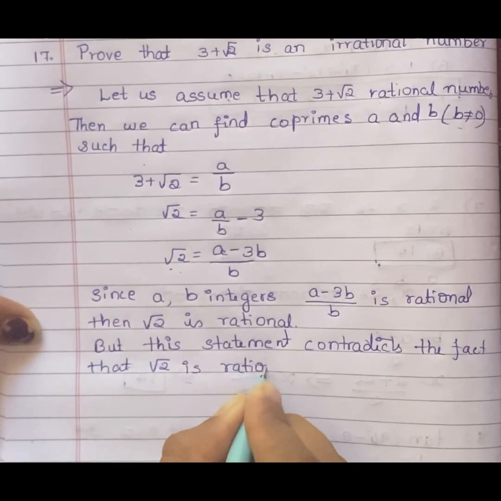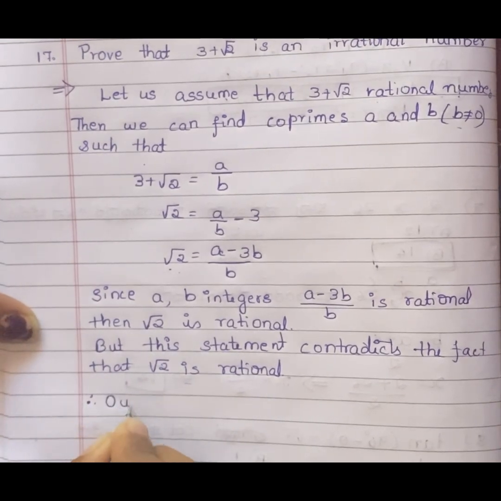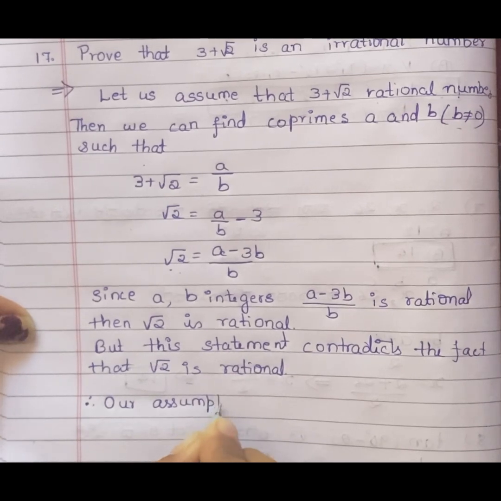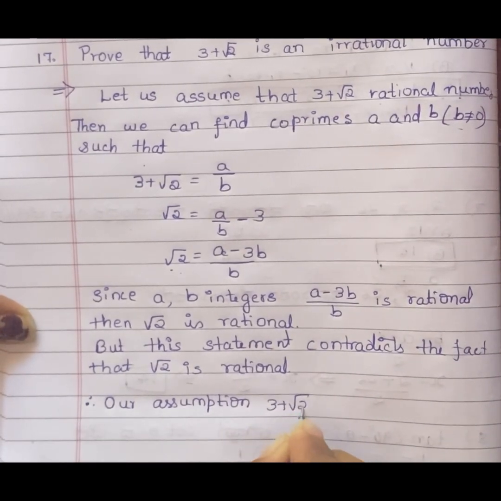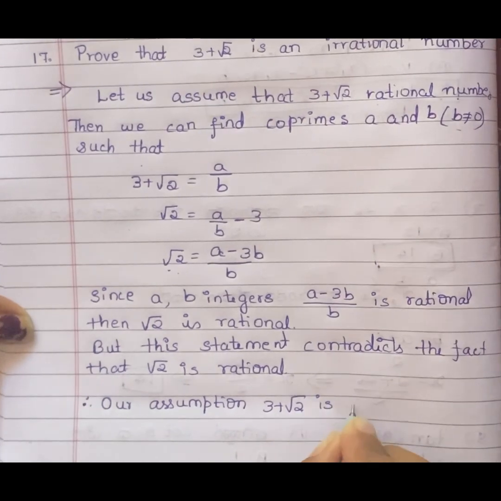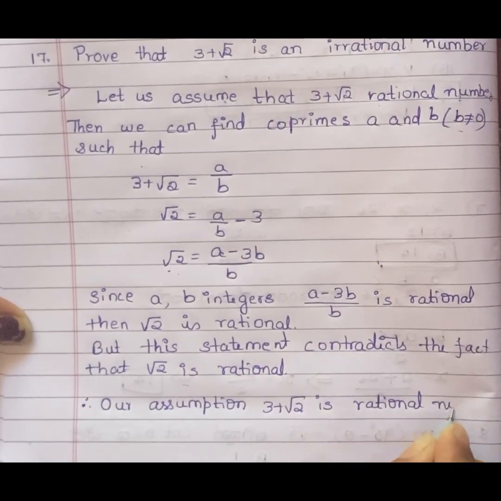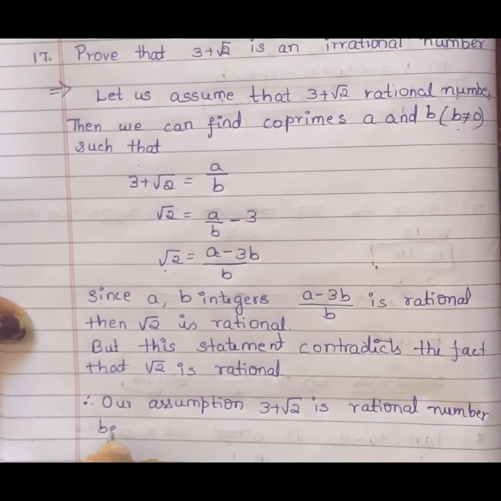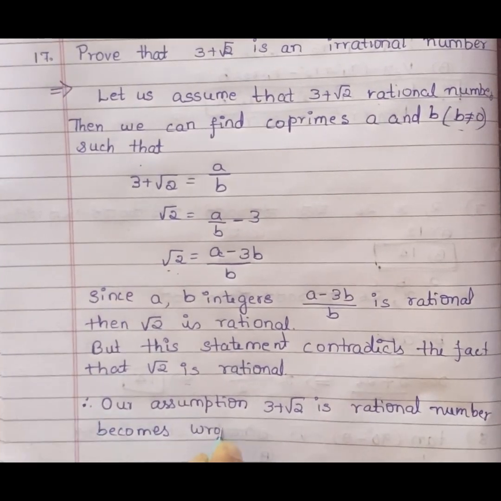Therefore our assumption that 3 plus root 2 is a rational number becomes wrong.